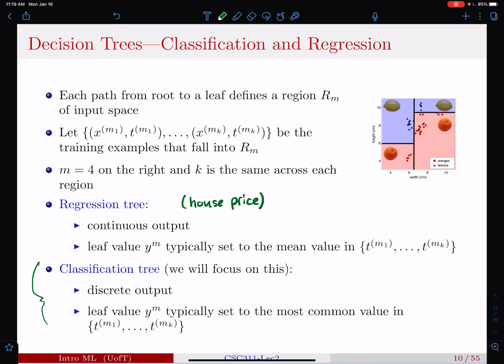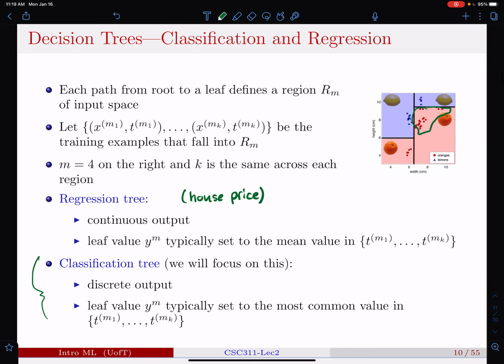So for example, if all these points landed in this region and the majority of the points were oranges, then if we get a test point that also follows this criterion, we'll just assign it the majority class. So we just say it's an orange in this case. Okay, so the leaf values are like the labels we actually end up assigning.